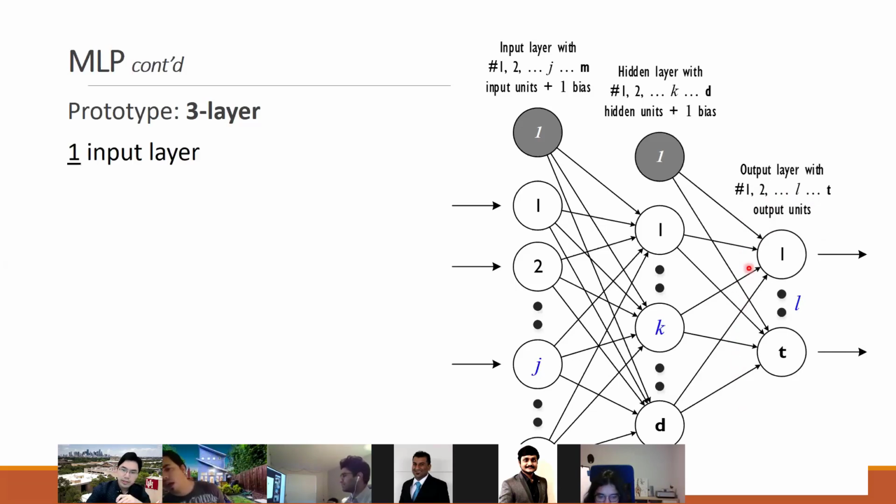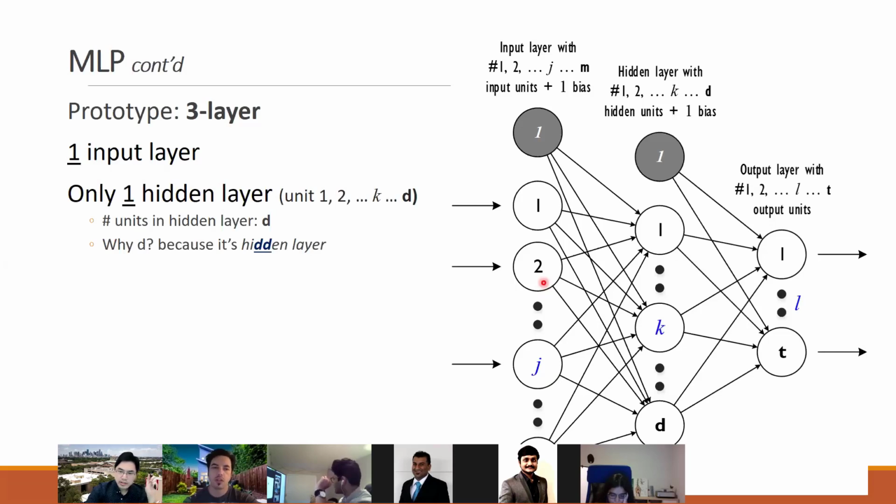We have 1 input layer here, which works exactly the same. I like to use J to index it, and the number of dimensions is M. There's only 1 hidden layer for now, the prototype.